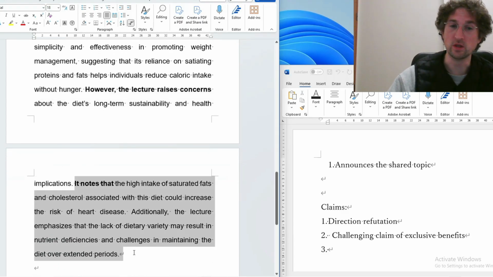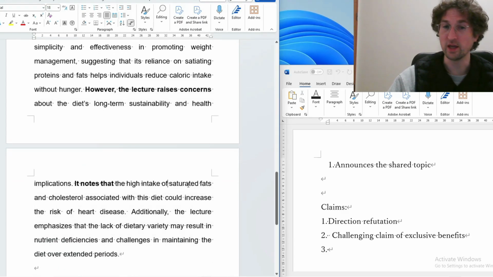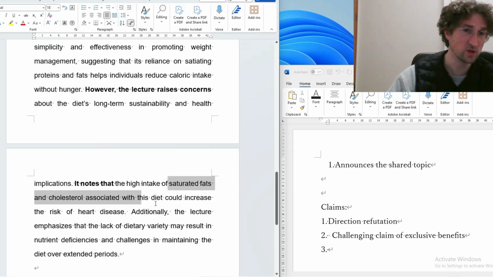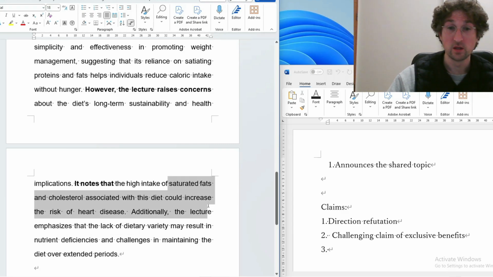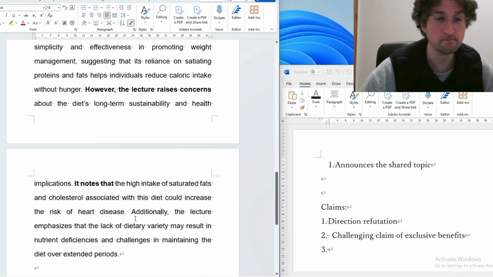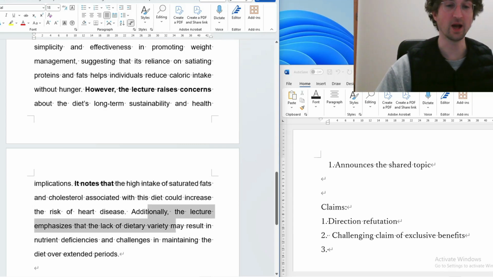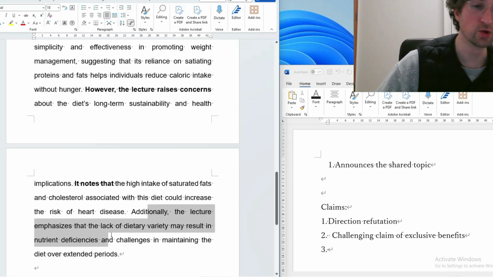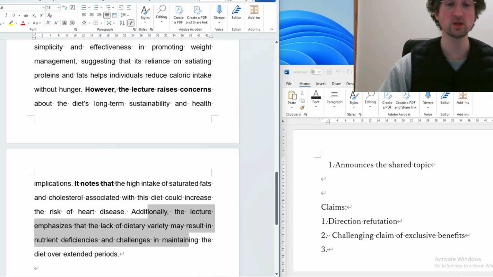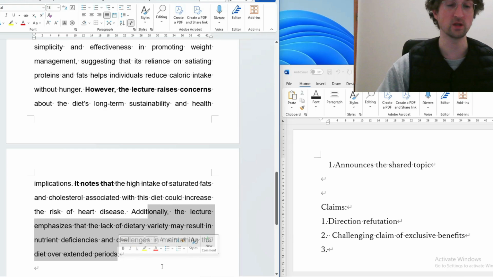And then it goes into the details. It notes that the high intake of saturated fats and cholesterol associated with this diet could increase the risk of heart disease. So this is an associated risk. Additionally, the lecturer emphasizes that the lack of dietary variety may result in nutrient deficiencies and challenges in maintaining the diet over extended periods.